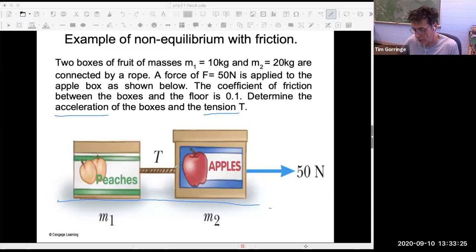So those are the two things we're going to figure out. So just to summarize, right, we know the mass of the left-hand crate, 10 kilograms, mass of the right-hand crate, 20 kilograms. We know the force I'm applying, and we know the frictional force. And we're going to solve for acceleration, and we're going to solve for tension.